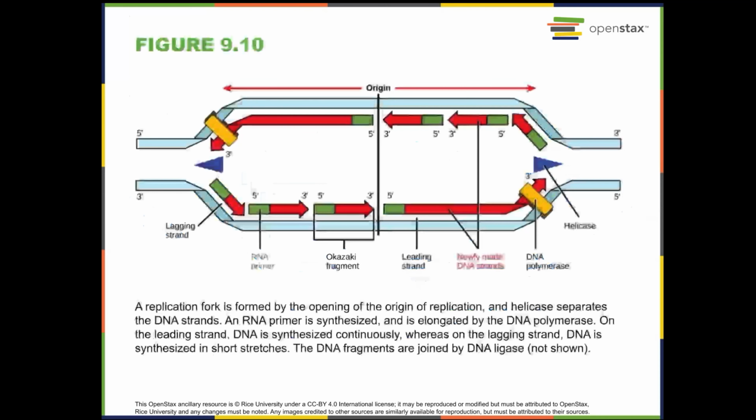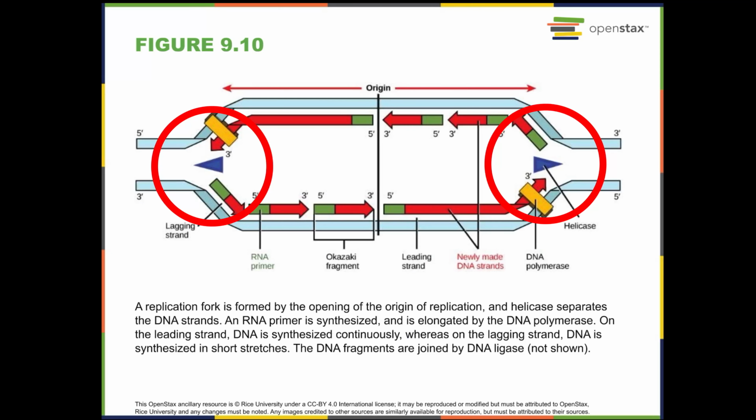Here you can see a replication bubble with a little more information and a little more detail. Let's unpack this image. Now, we can see the general shape of the replication bubble with a replication fork on each side. In the middle of the forks, we can see the enzyme helicase. That helicase is separating the two strands of DNA from each other and allowing the replication process to occur.